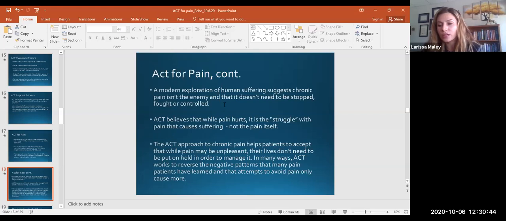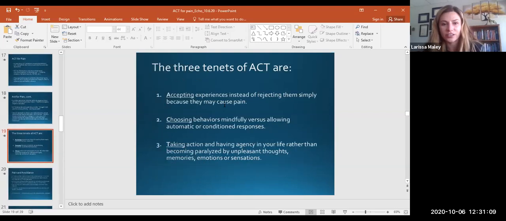And this is weighed out in a lot of the interventions that are recommended, like physical therapy, that what folks have to do is be willing to have the short-term increase in discomfort in order to move the muscles or the bones or the joints in a way that's going to give them long-term relief, right? So ACT is just capitalizing on that same physiological process and saying, look, we can do this psychologically.